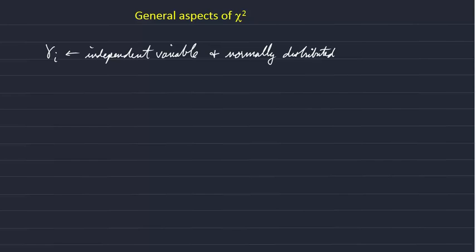So if we have a collection of variables that are independent and normally distributed, then the sum over all nu independent variables, this is the Greek letter nu, if we sum the squares of those variables, then the distribution of the sum will be chi-squared.